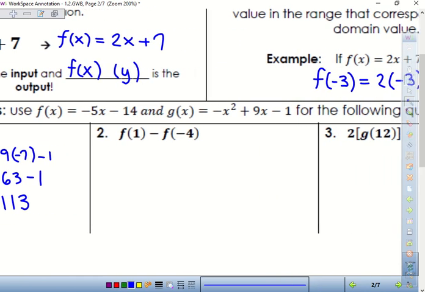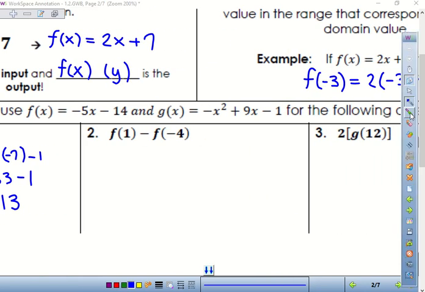Yes. Okay. So this question is asking us to subtract these two evaluations. I'm going to do this one first, then plug into this one again, and once I get my results, I'm going to subtract them. So the first thing I'm going to do is replace the x in the f of x function with 1.